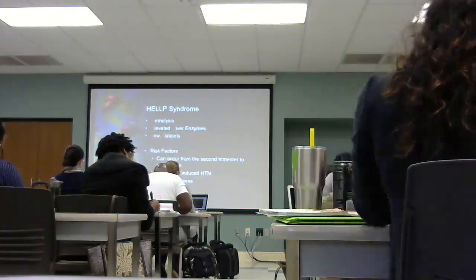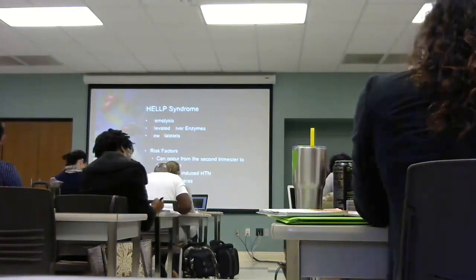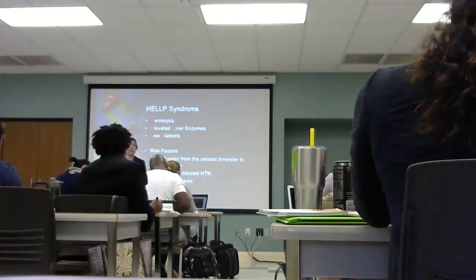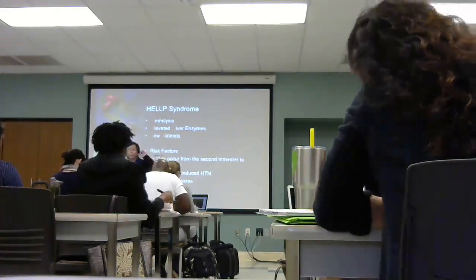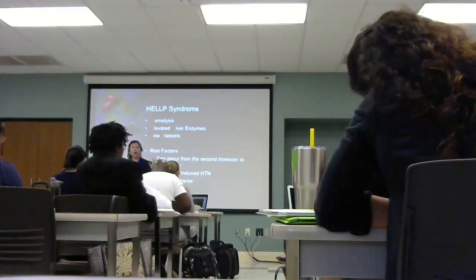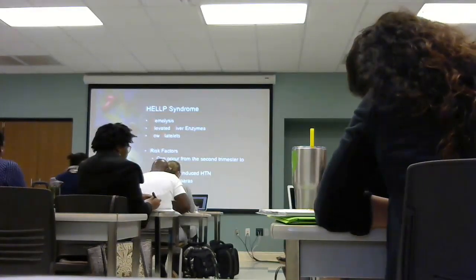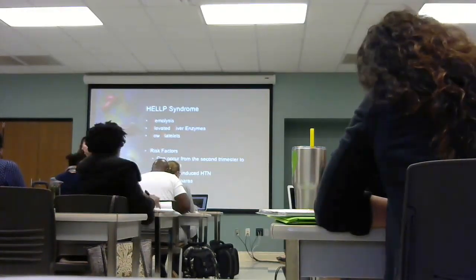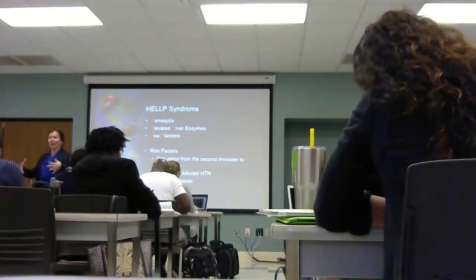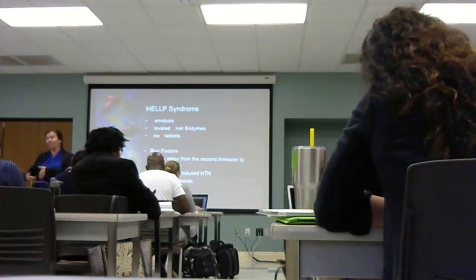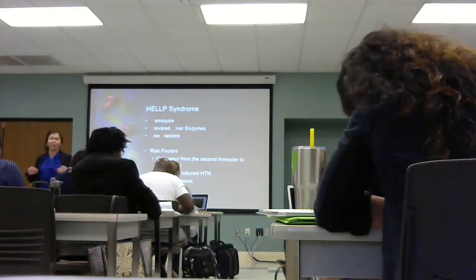Now, how will the patient present? The patient presents with the signs and symptoms of hypertension: dizziness, headache, ringing of the ears. Because the liver is compromised, one of the major complaints is abdominal pain, mostly in the right upper quadrant, associated with nausea and vomiting.